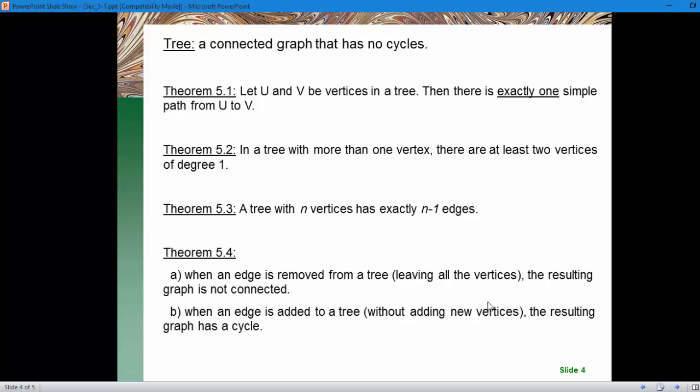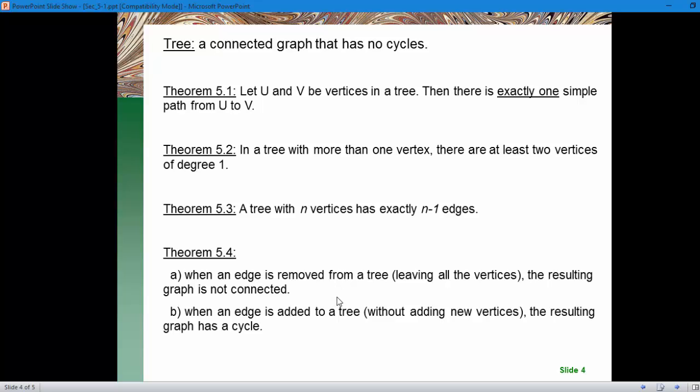Now, this is not difficult to prove, and let's take a look at part A. When we remove an edge from a tree, leaving all the vertices, so we pick any edge of the tree and remove it, but leave the vertices there, then the resulting graph is not connected.